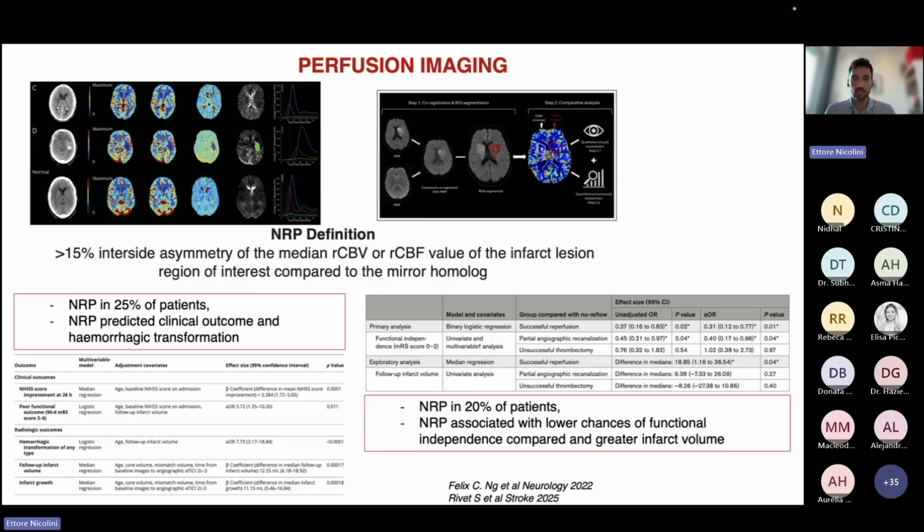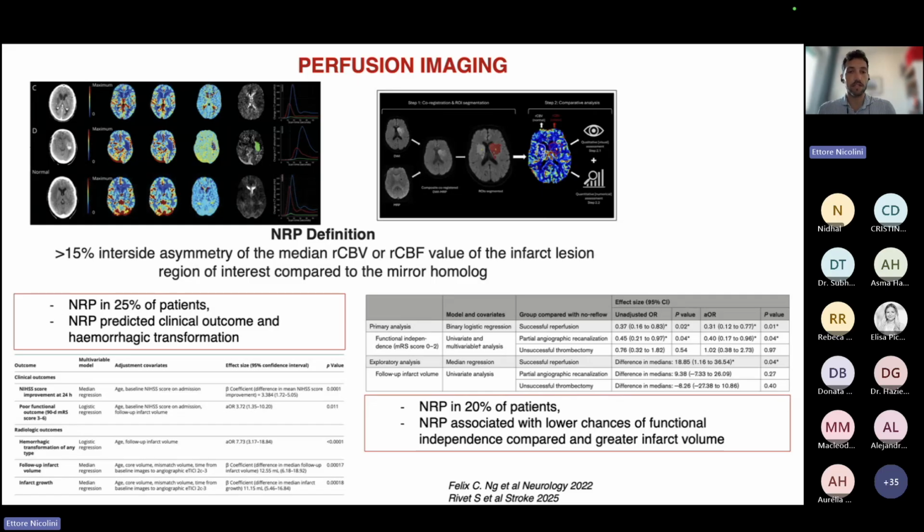Two of the largest studies are the studies from the Melbourne group, which defined the no-reflow phenomenon as an interside asymmetry of relative cerebral blood volume or flow within the infarct lesion at 24 hours.